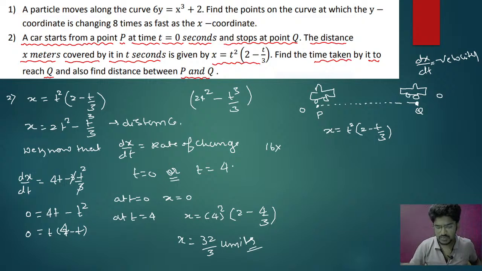But so quickly tell me, everyone, have you understood this? A small mistake has occurred. No problem. Sometimes it happens with anyone. Today it happened to me. No problem. So here t is 0 and t is 4. You have got two choices. So for t equal to 0, x will be 0, no problem. And for t equal to 4, it will be x equal to 32 by 3.